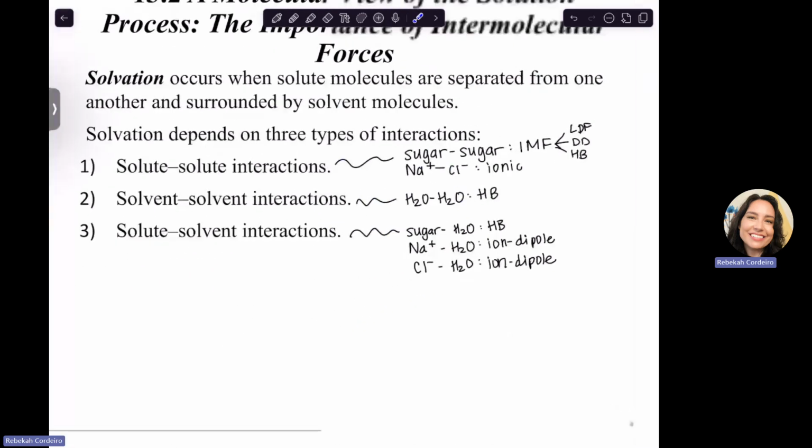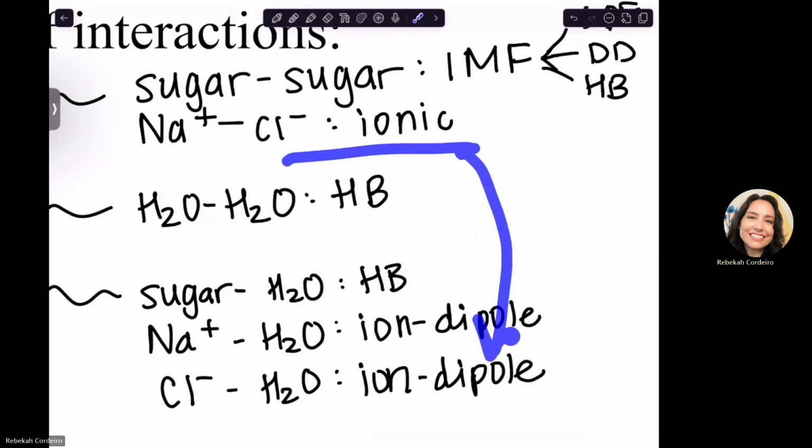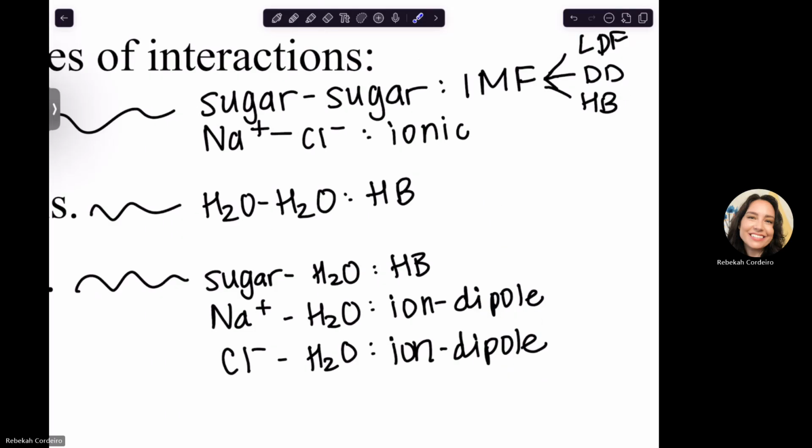However, there's another thing that we'll talk about in a second that helps us make this happen, because you may be thinking, well, isn't ionic really strong? Why would it go from ionic to ion dipole? How could we break apart sodium chloride? There's another factor that's going to drive this process.